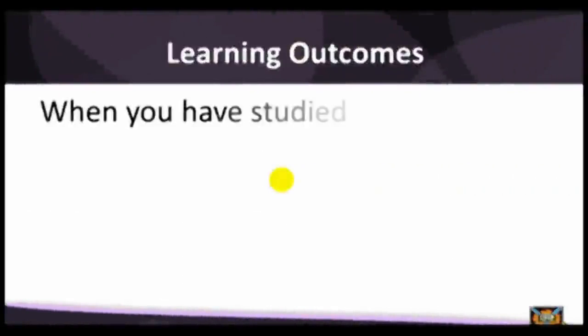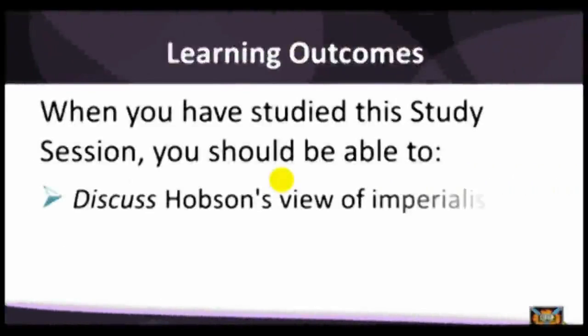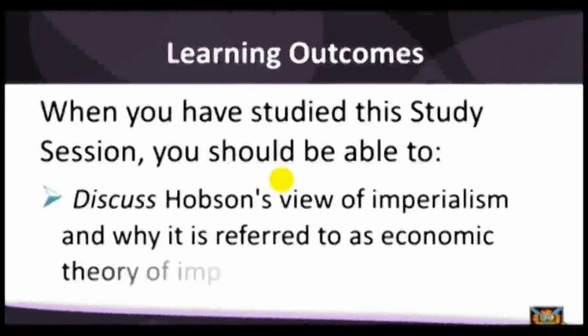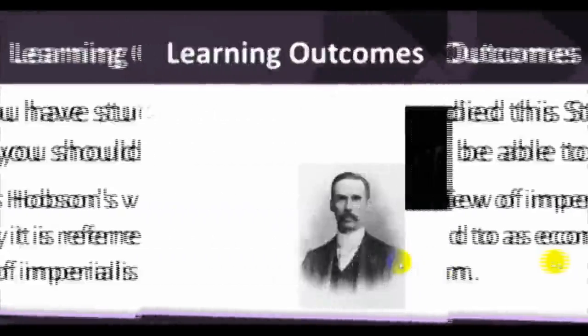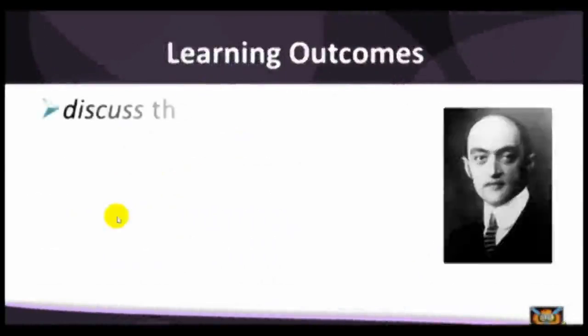By the end of this session, you should be able to: 1. Discuss Hobson's view of imperialism and why it is referred to as the economic theory of imperialism. 2. Give the contrasts between Hobson's and Lenin's theory of imperialism. 3.